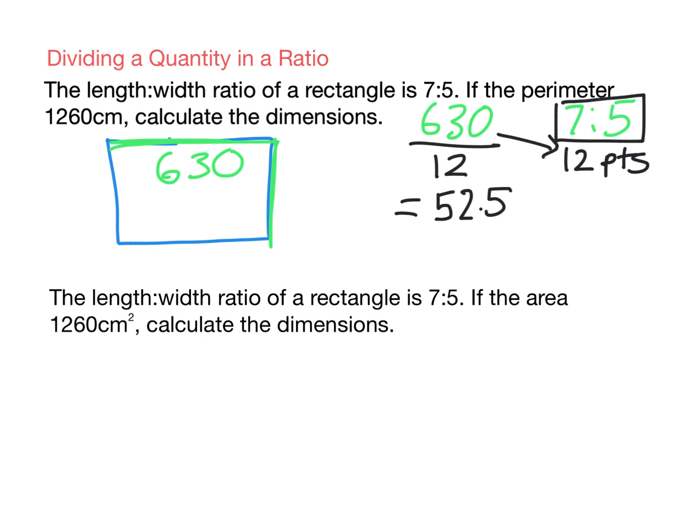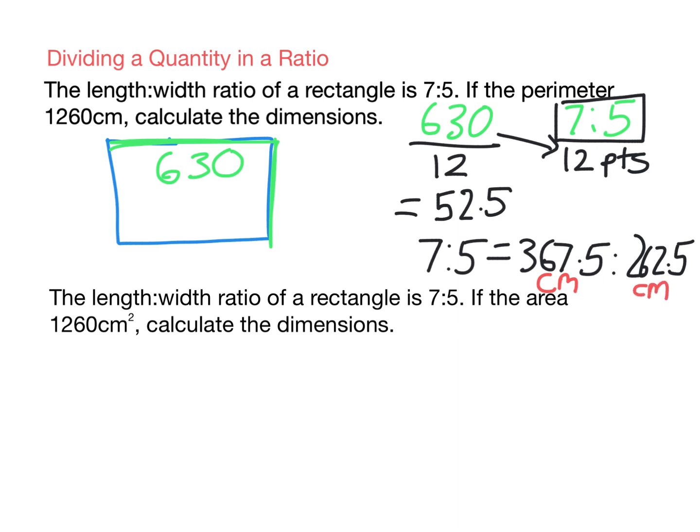So if each part's worth 52.5, then 7 parts will be worth 7 times 52.5. 5 parts will be worth 5 times 52.5, which is 262.5. So what will the dimensions be? The length will be 367.5 centimeters and the width 262.5 centimeters.